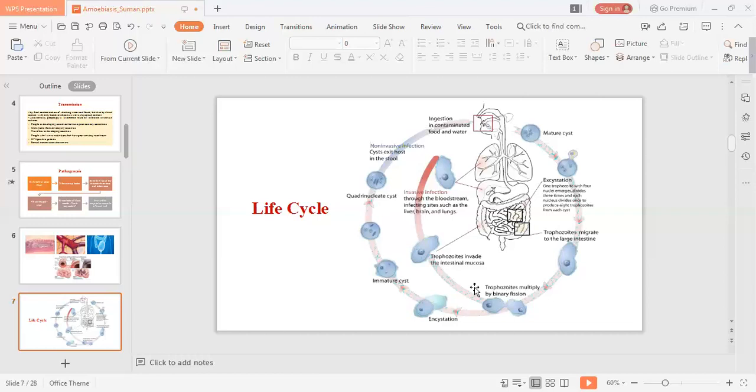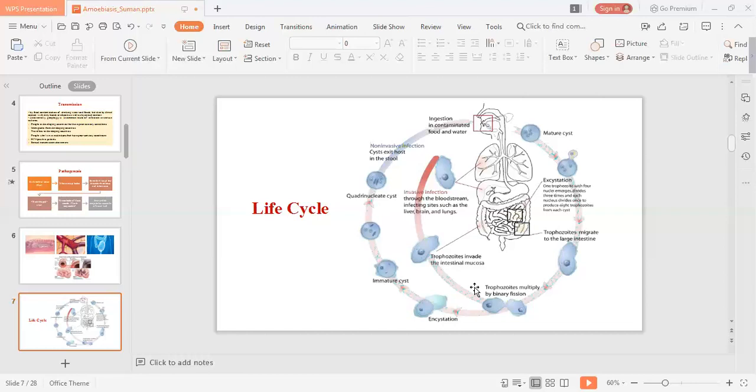And if ingested, they would not survive exposure to the gastric environment. So it is only the cyst that can survive the gastric environment, not the trophozoite. Also the trophozoite cannot stay in the external environment outside the body for long.